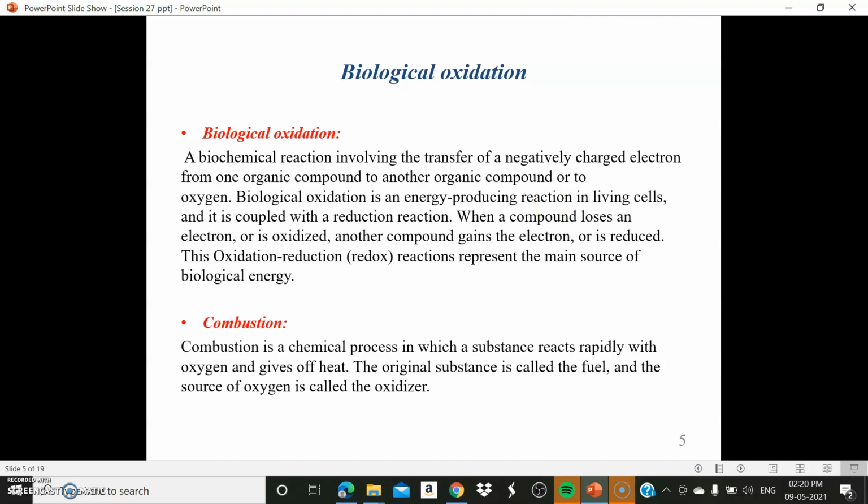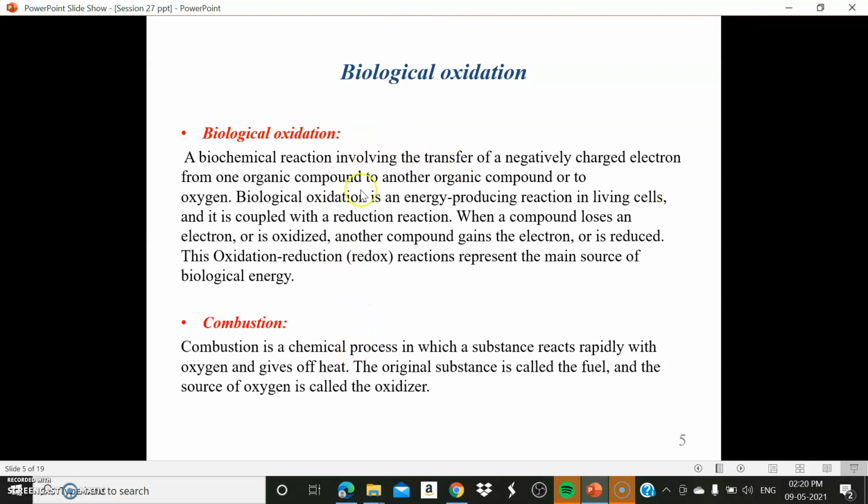So, when a compound loses an electron, or is oxidized, and another compound gains an electron, or gets reduced, this oxidation reduction reaction is the main source of energy in our biological system, which is known as biological oxidation. That is a stepwise process of burning or breakdown of food materials in the presence of oxygen to release energy through the flow of electrons.